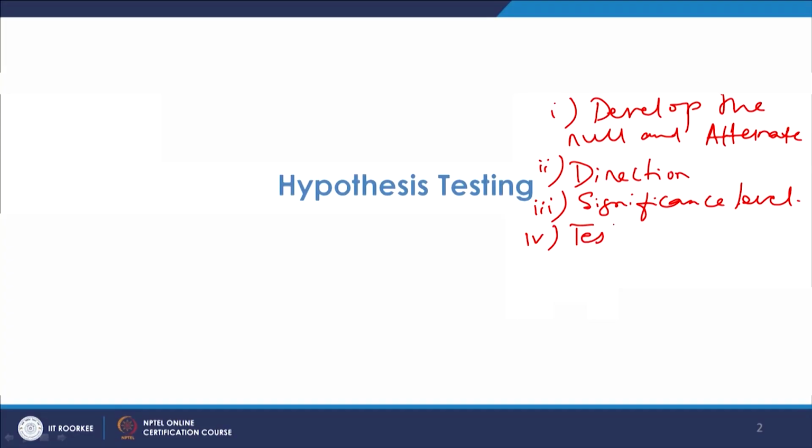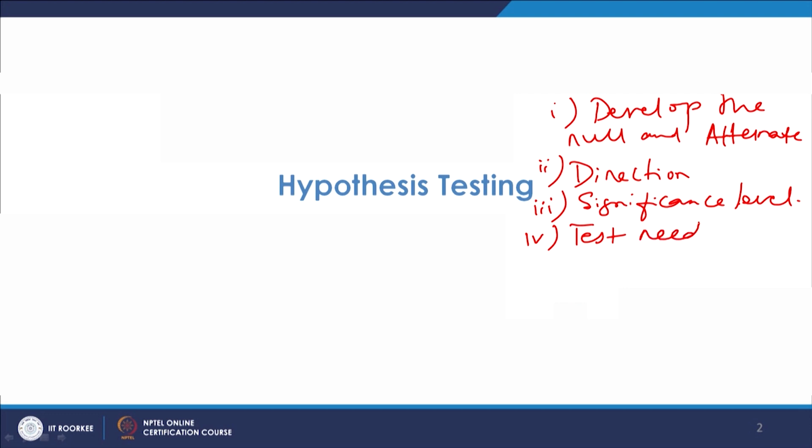Then the researcher has to decide the level of significance at which he or she wants to check. This is nothing but alpha, or 1 minus confidence. Once that is done, the researcher decides which test needs to be applied in this particular case.